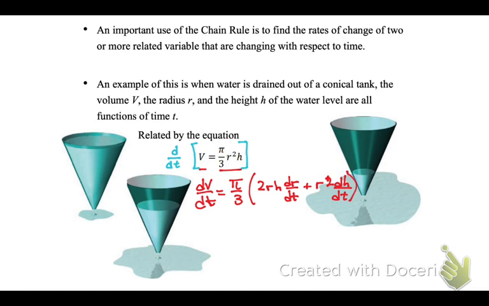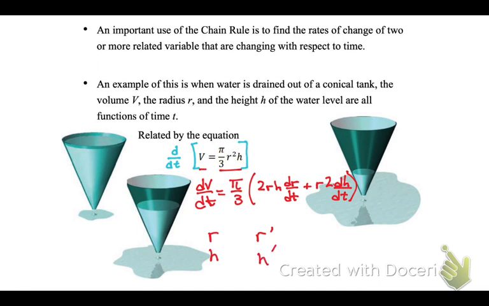So in order to solve for dV/dt, what would I have to know? What are all the variables I'd have to know to be able to give somebody an amount for how the volume was changing with time? Radius, height, and I would have to know r prime and h prime.